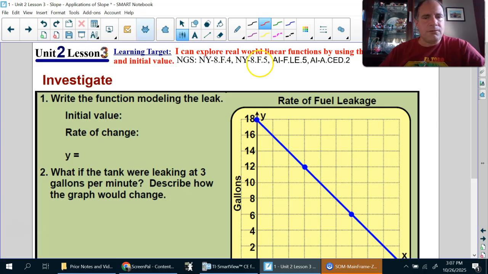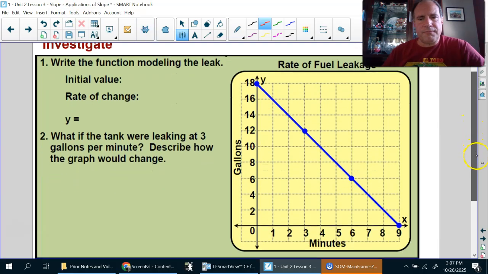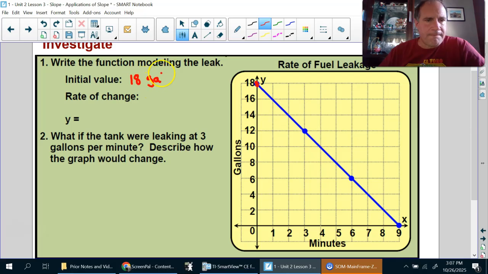All right, so here we go with the rate of fuel leakage, and we have the initial value at 18. There's the initial value, 18 gallons. For the rate of change, I am going to use this point right here, or I could use this point.